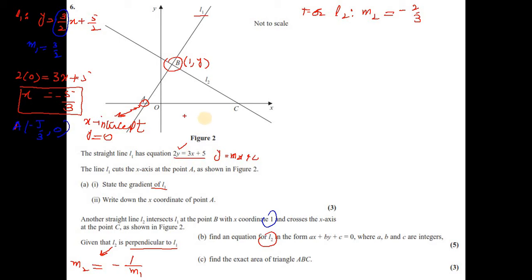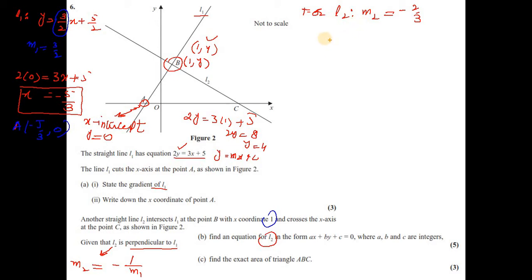If you do that, 2y is equal to 3 times 1 plus 5. That means 2y is equal to 8, so y is equal to 4. That means the coordinate of B is 1 comma 4, and the point B also lies on L2, so we can use point B to find the equation of L2.